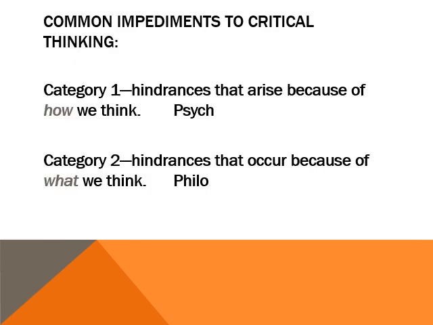There are several impediments to critical thinking, because they are sloppy and they are detrimental to logic and detrimental to the way we may behave. There are a couple categories. The first one is the hindrances to how we think. They're psychological. I just had psych there as a shortened version of this.